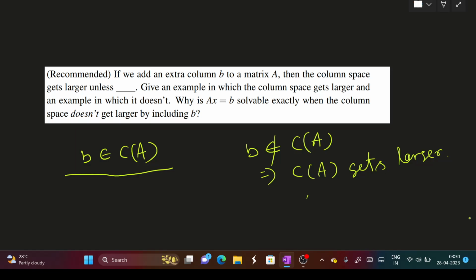So my one column is 1, 2, 0. Another column is 1, 3, 0. It is my A. And let my B be equal to 0, 0, 1.